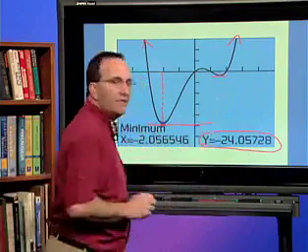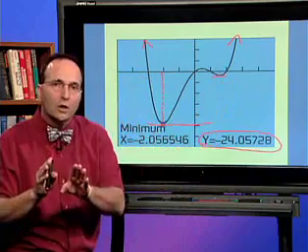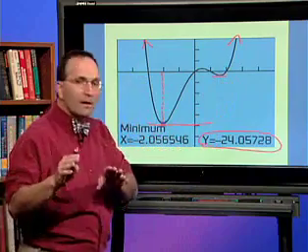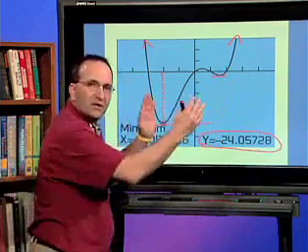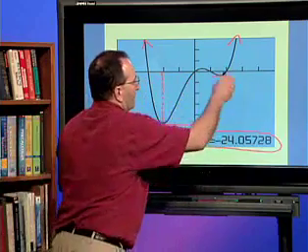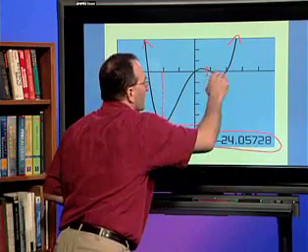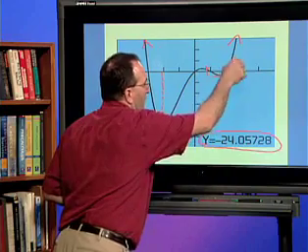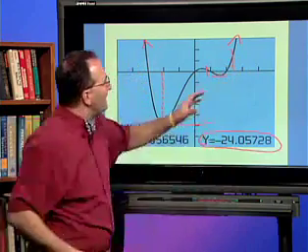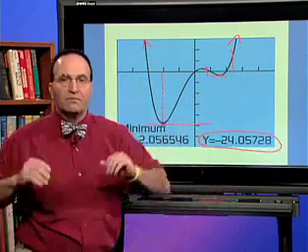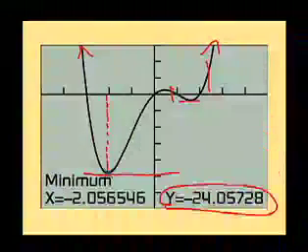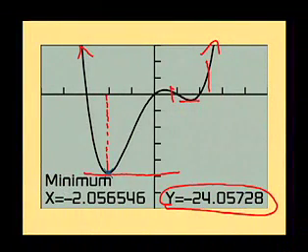We could talk about this particular value being a local minimum because for that particular area, from, let's say, here to, actually we could go however far we want, that is the smallest, the minimum value in that interval. Well, we also have a local maximum point.